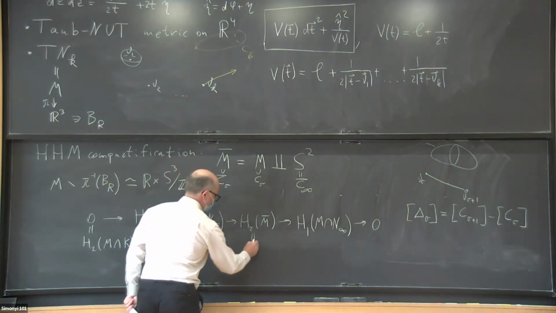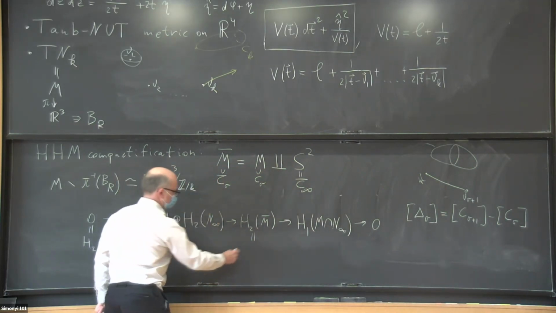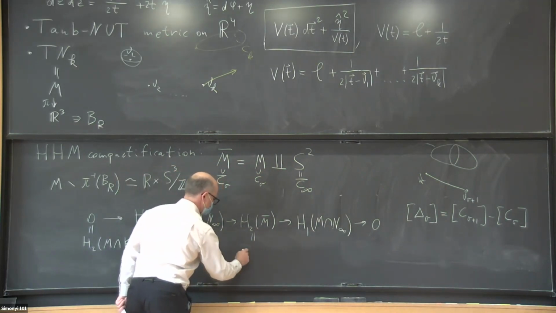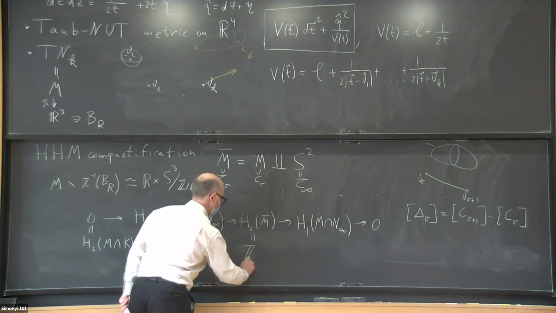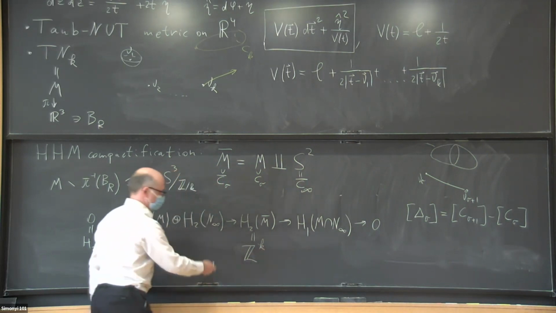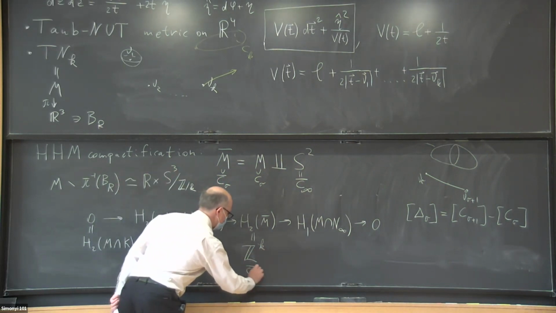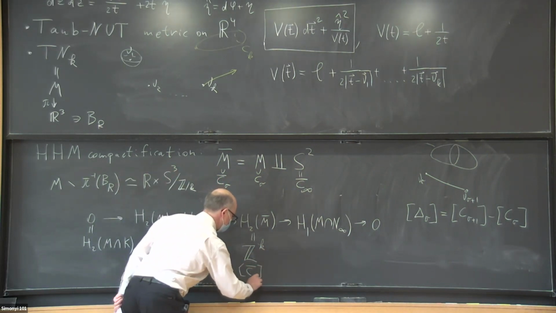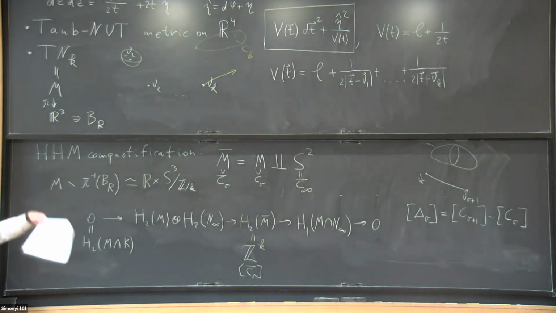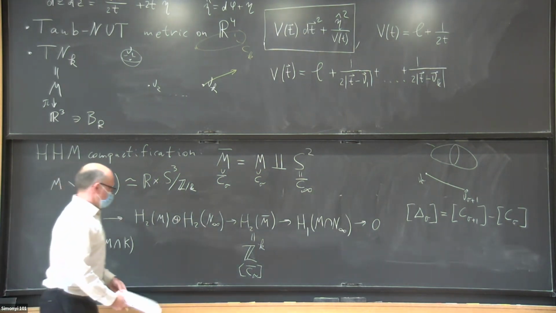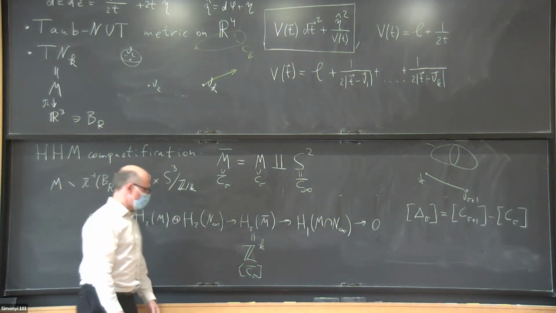So this will be spanned by sigma bars. This is simply Z^k, spanned by the basis of sigma bars. It's the usual lattice, and it's exactly the character lattice of U(k).